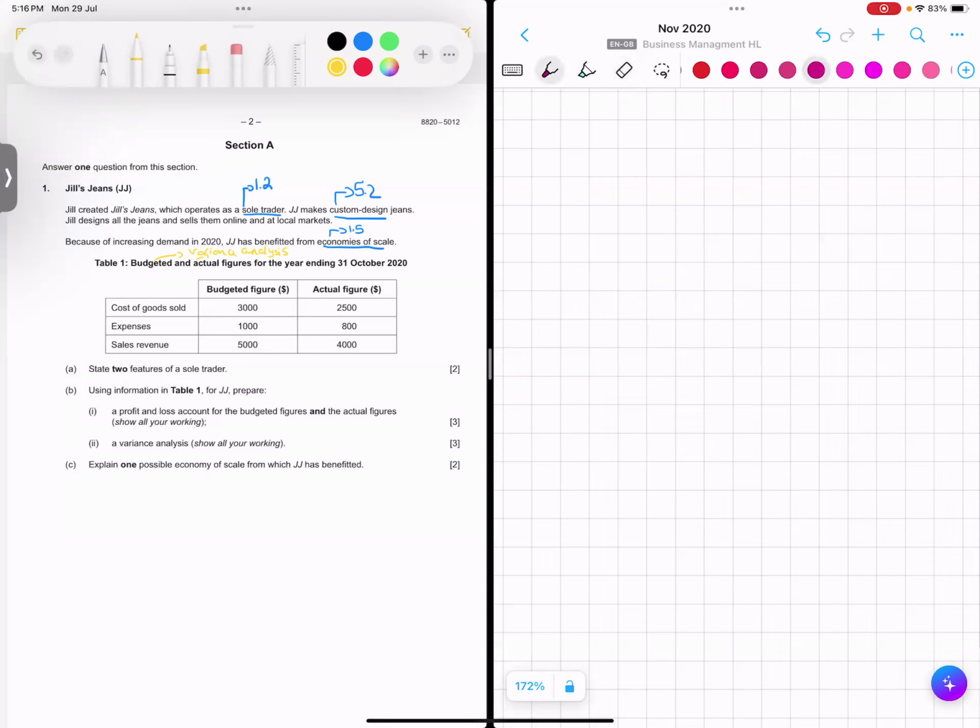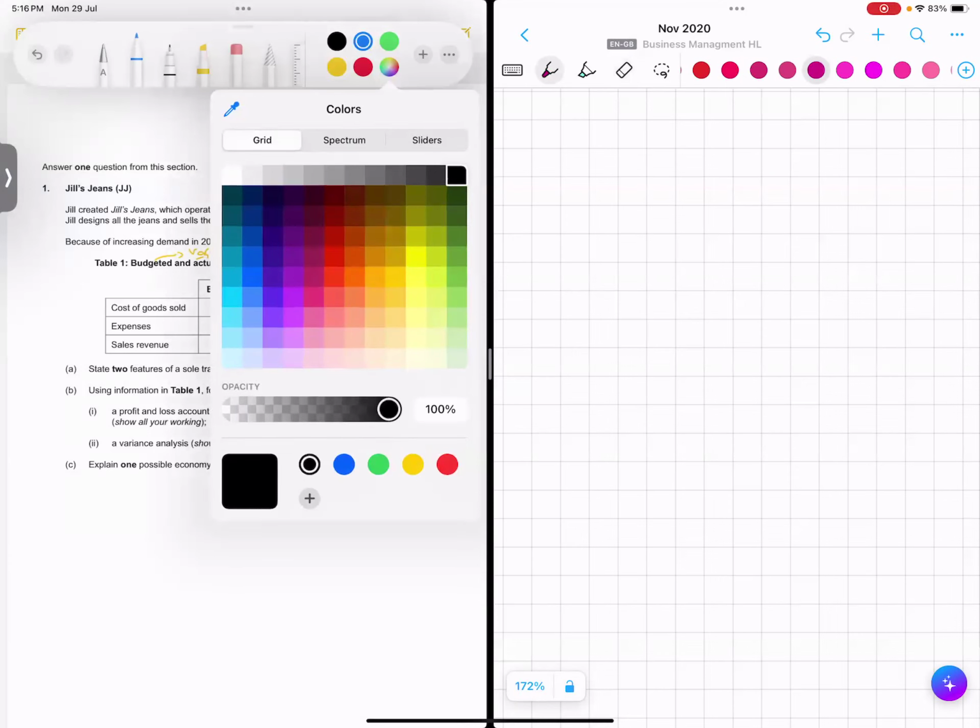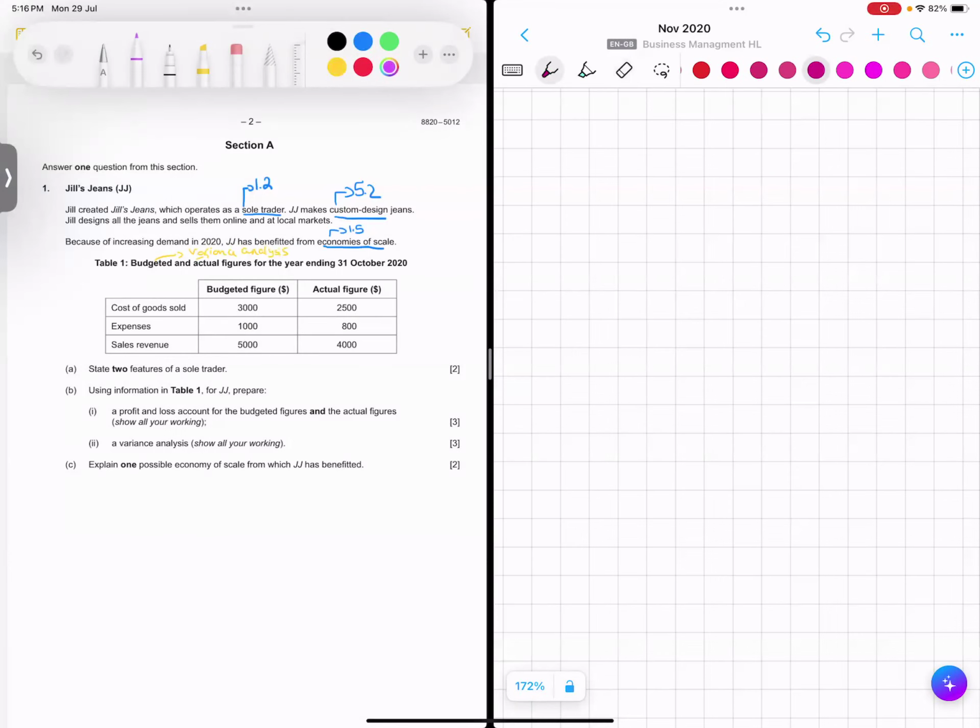So I basically want to just explain what a sole trader is to you guys. A sole trader is a business operated and owned by one person. So there's no legal distinction between the business and the owner. So if the owner dies, the business will cease to exist, and they have unlimited liability.